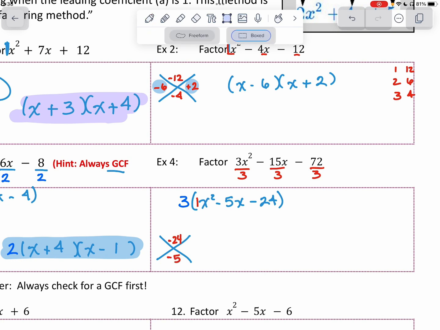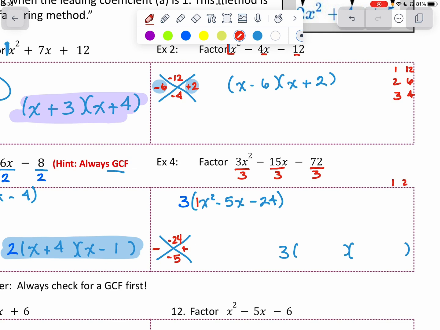Again, I don't want to lose my 3. So I'm going to go ahead and set up my factors over here so I don't forget that 3. And then two numbers that multiply to give me -24 that add to give me -5. I know one has to be positive and one has to be negative. So I'm going to think about 24.